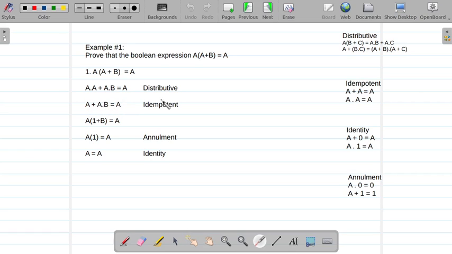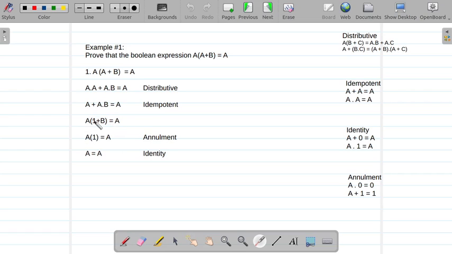Then next, in this equation, the common factor is A. So, we factor out A, and what remains is 1 or B, which is equal to A.